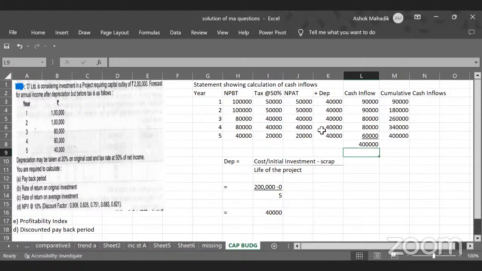Now, we will be solving one sum with all the methods. And even in exam, I'll try to give such a sum in which all the methods are there. Instead of giving 2 projects and repeating the same formulas, I prefer to have only one machine or one project with all the 5 formulas.